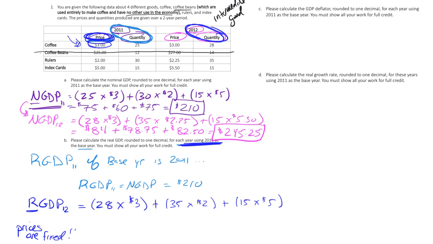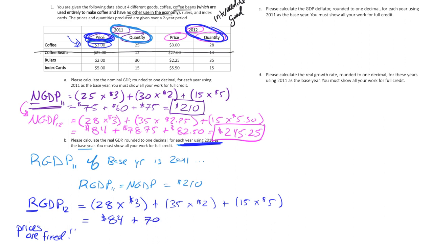Again, the most important thing here: prices are fixed, so we're staying in 2011 because that's the base year, but we're still looking at quantities in the year that we are looking for. Again, we can use our calculator and we see that this is going to be $84 is the real value in 2012 for coffee.